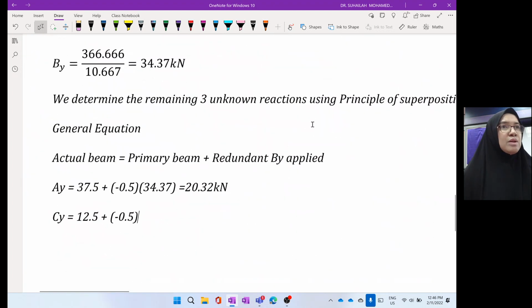Nanti kita check using equilibrium equation. So yang ni is negatif ya. Negatif kali dengan 34.37. So what do you get?